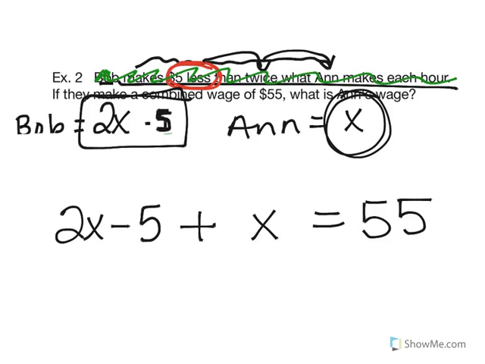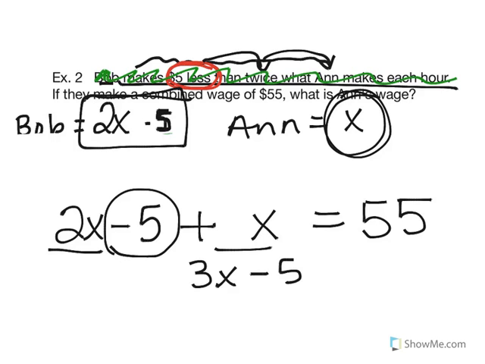After we set up our equation, we can simplify 2x plus another x. We can move that constant. It's a negative 5, so it becomes a positive 5 on this side.